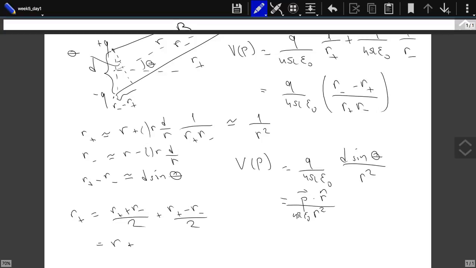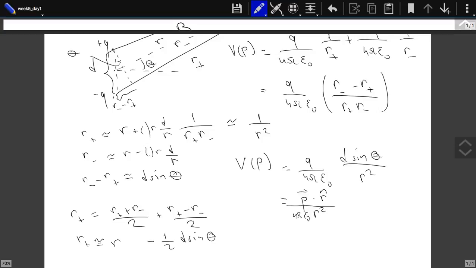So here we have the R minus minus R plus. R plus is R minus 1 over 2 d sine theta, approximately.